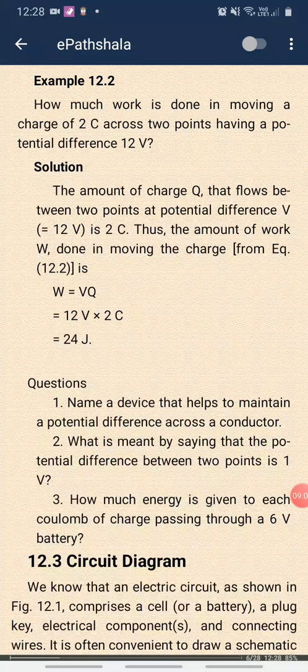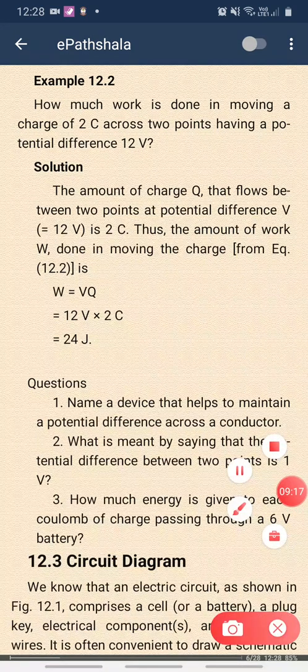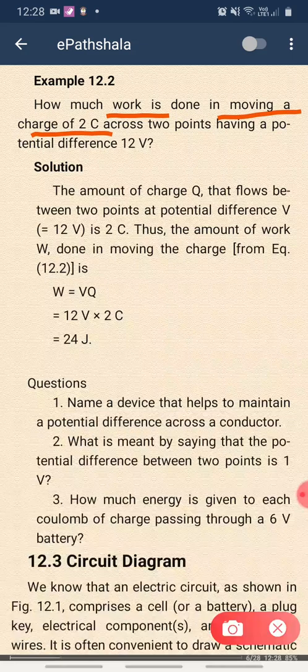Now let us try to do this question which is given here. What is the work done in moving a charge of 2 coulombs across 2 points having a potential difference of 12 volts?